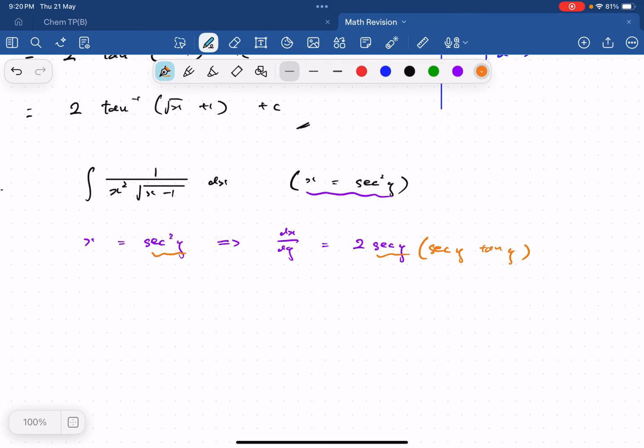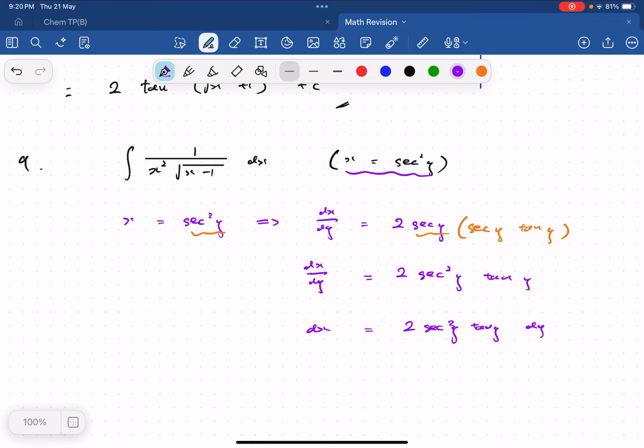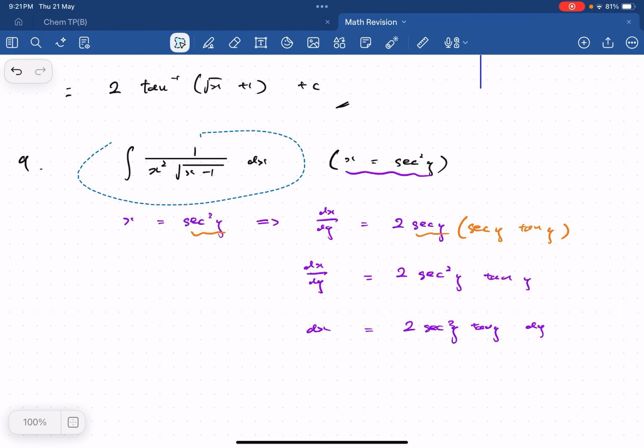And then this is just going to be 2 secant squared y tangent y. So if this is dx dy, then this means that my dx simplifies to this entire thing dy. Nice and simple.